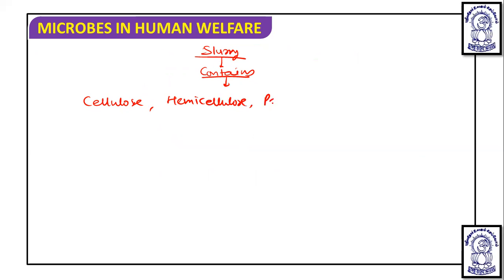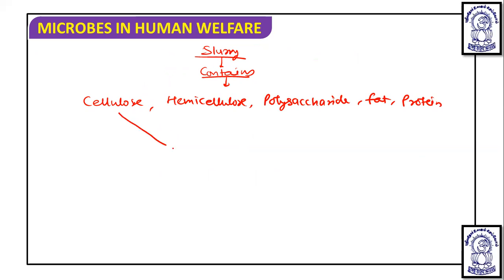So first, we know that sewage, we can say a slurry, contains cellulose, hemicellulose, polysaccharide, fat, and protein.